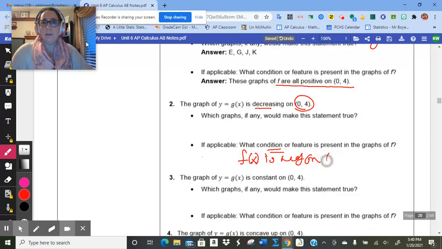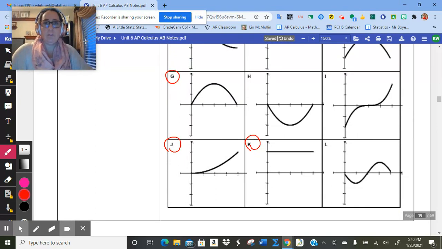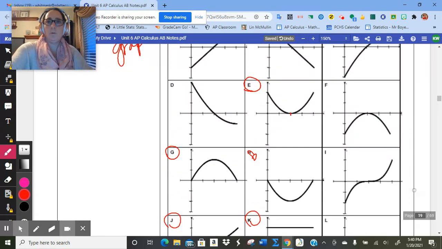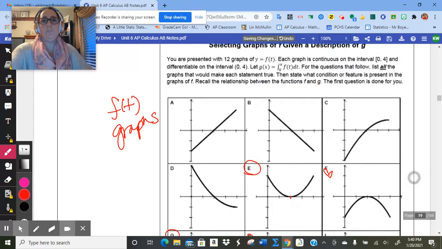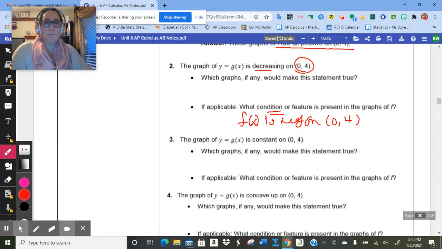So where am I completely negative? Oh, here we are on h. We are negative from 0 to 4. Any more? Oh, f, we are negative from 0 to 4. And that is all. So I know that this would be on f and h.